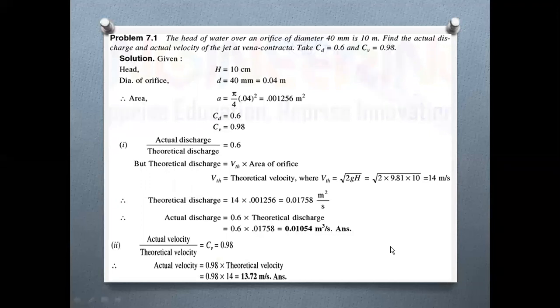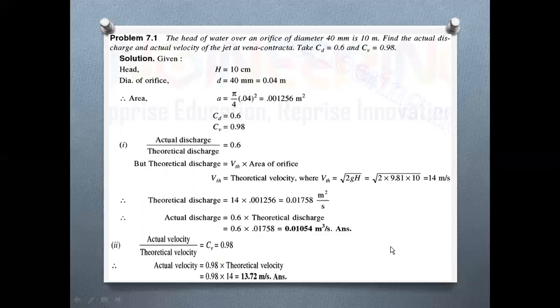Hence, actual discharge upon theoretical discharge is equal to 0.6, that is CD, but theoretical discharge is equal to theoretical velocity into area of orifice. Theoretical velocity is given as under root of 2gh, which is equal to 14 meter per second.